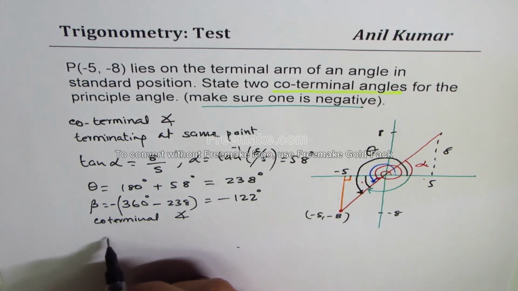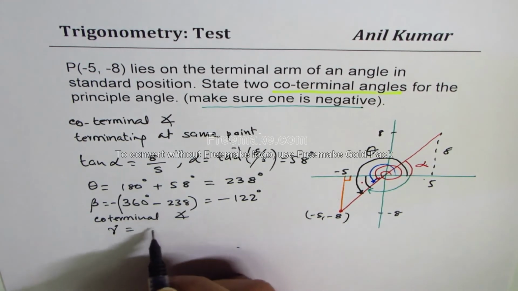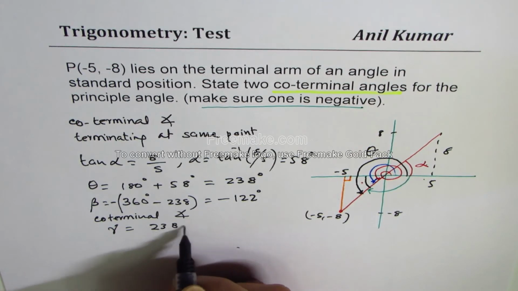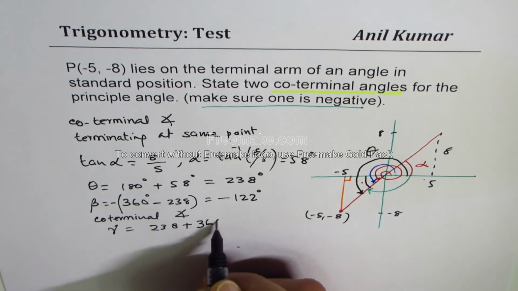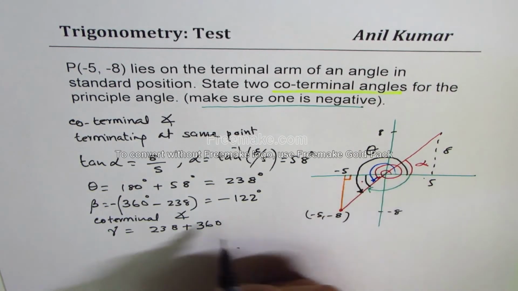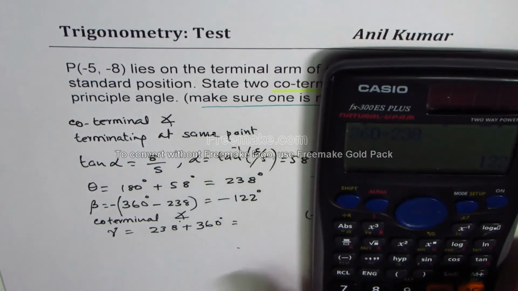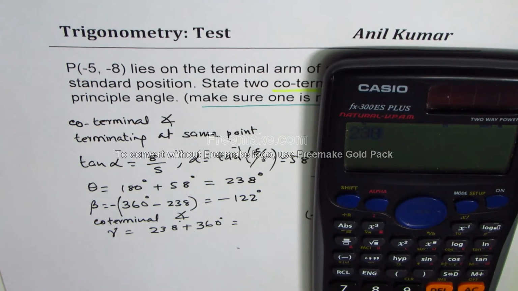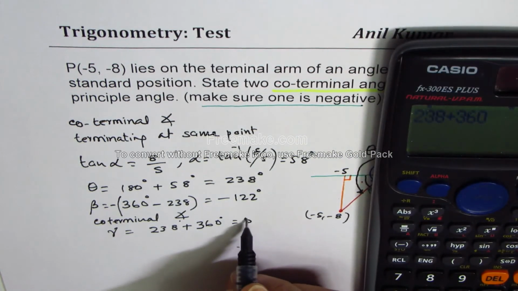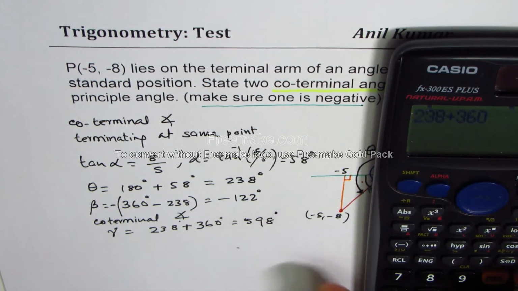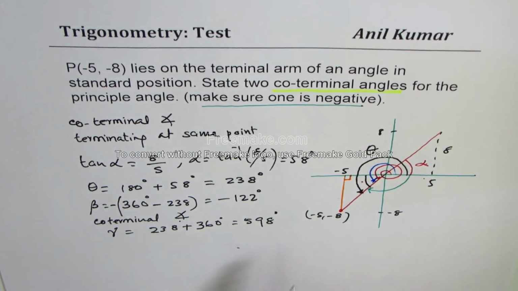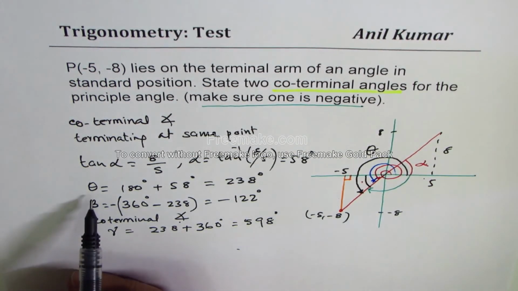You could also get, let's say, gamma, another angle, as 238 plus 360, as I showed here, right? A full circle, add them up, equals how much? So we could get 238 plus 360, which is 598 degrees. So here I have given you three angles. One of them is the principal angle, right?